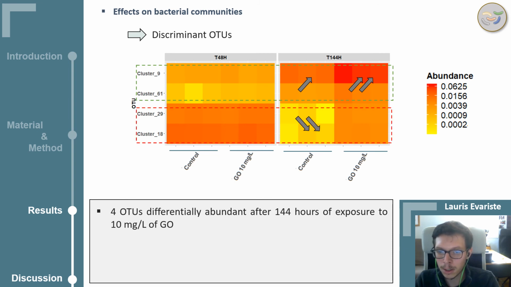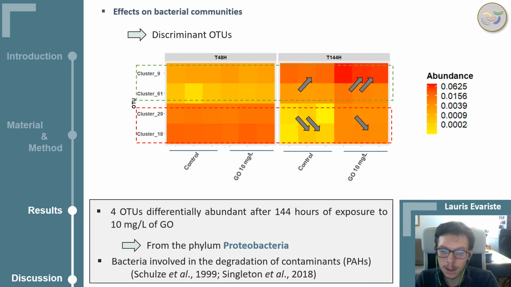And the last 2 are presenting a different pattern: their abundance is decreasing over time in the control group, while it is less decreased following GO exposure. These 4 OTUs belong to the phylum Proteobacteria. That might explain the increase of their relative abundance in this condition. And the interesting point is that these bacteria were shown to be involved in the degradation of contaminants.